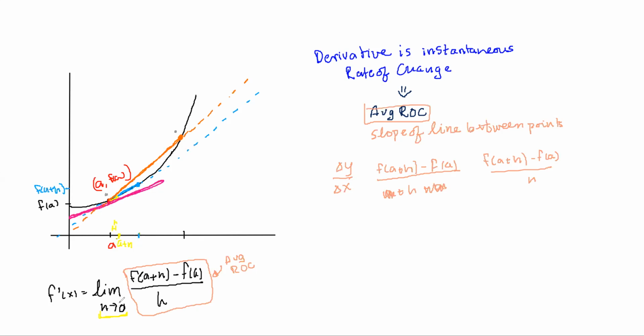So basically what's going on here is that we have h getting smaller and smaller, and eventually a plus h is approximately equal to a, and that's when we say we've got this instantaneous rate of change. Because we're looking at an average rate of change in principle, but the distance between the points is, as they say, arbitrarily small that we're capable of analyzing it as an instantaneous rate of change.